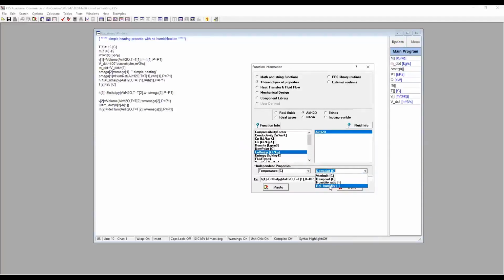At point 1, what we know is humidity ratio, because of this equation here: omega 2 is equal to omega 1. And we need to change the index to 2. Click paste, you get this equation.